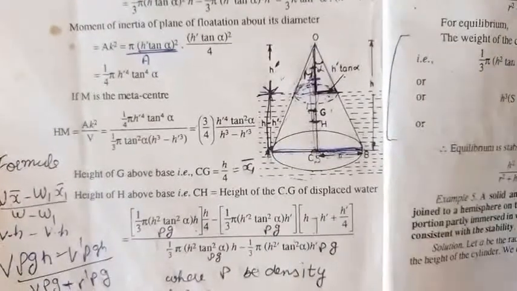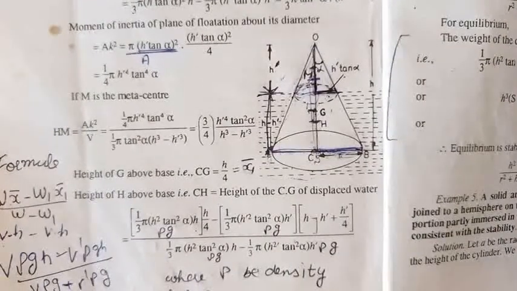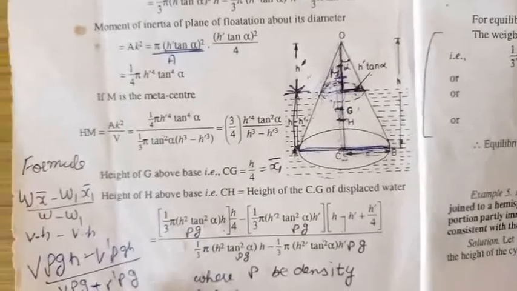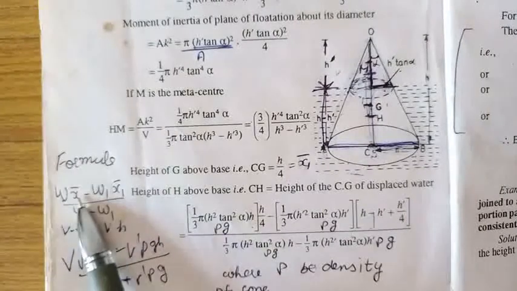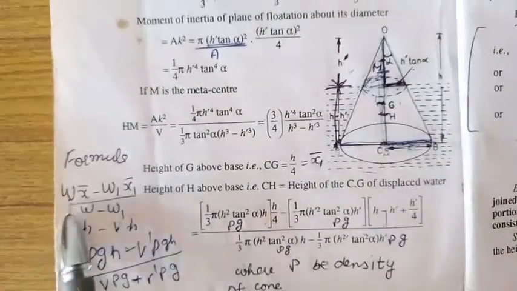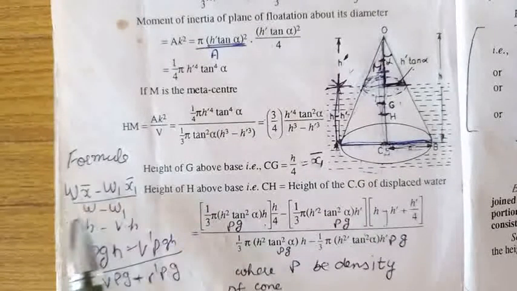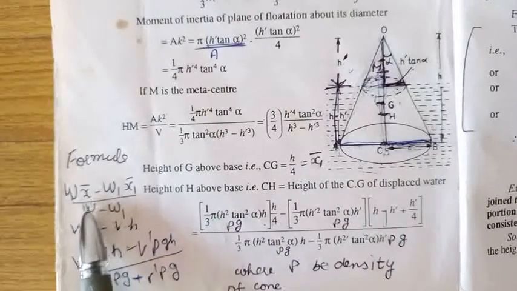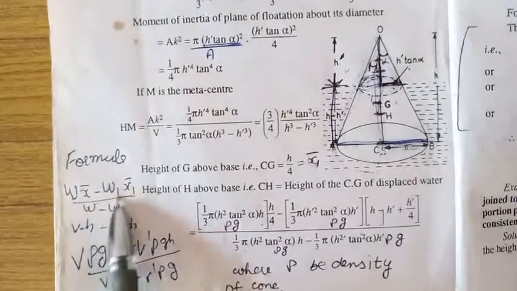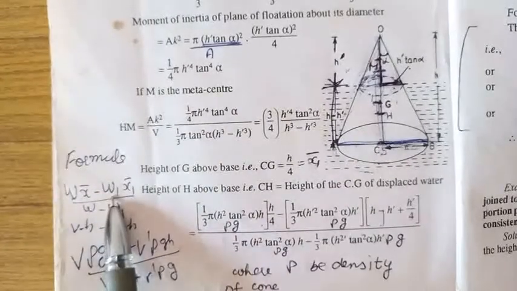Now to find the height of the center of buoyancy above the base, we cannot directly find it, so we will have to use a formula. According to this formula, if we have a compound body consisting of two parts, W is the weight of the compound body, x bar is the depth of its center of gravity above the base. W1 is the weight of one of the parts of the compound body.